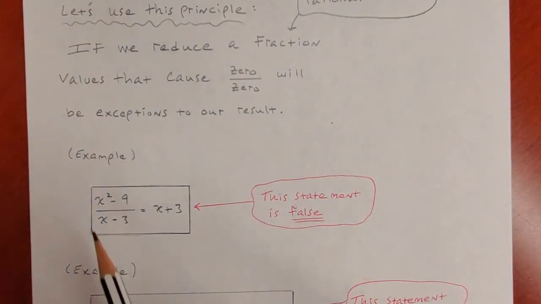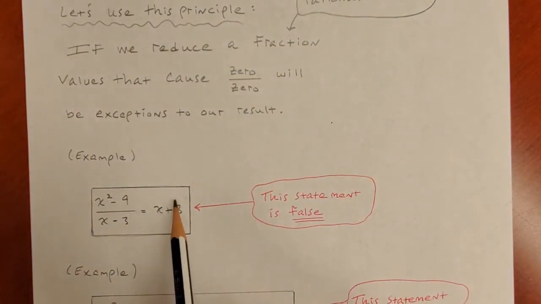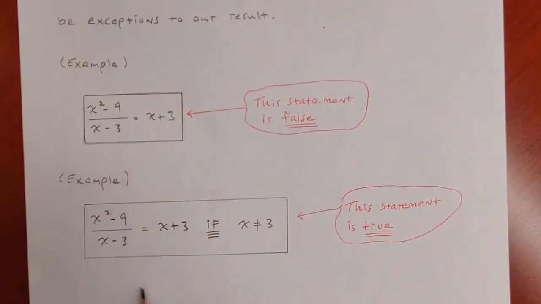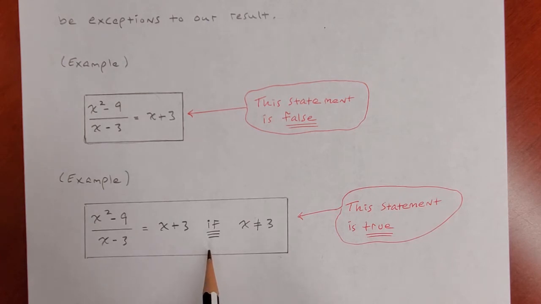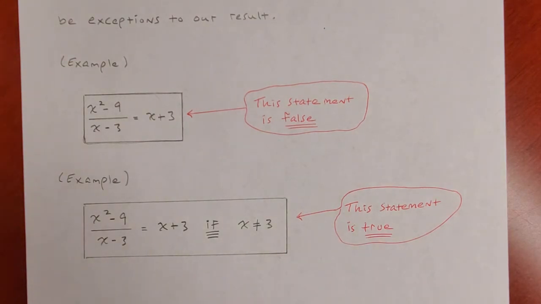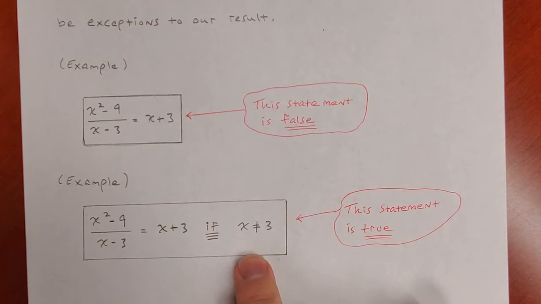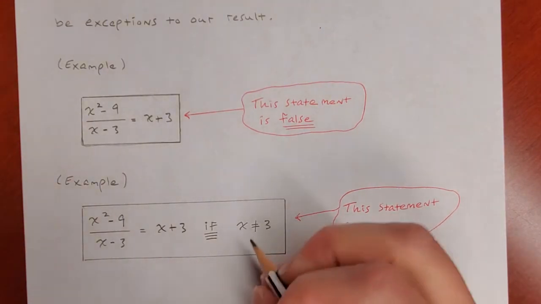If you go here and you start plugging in numbers, I can't guarantee you that that's going to be true. This statement's true, though. x squared minus 9 over x minus 3 is equal to x plus 3 as long as you don't plug in 3. That is true. Okay, so that's the exception right here.